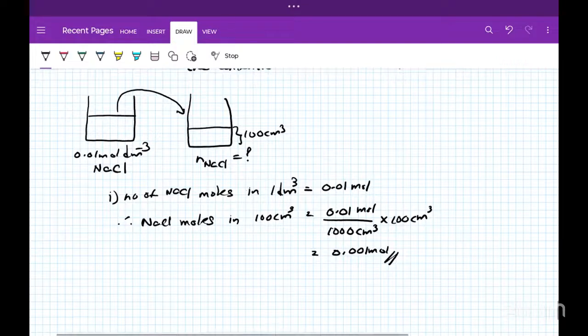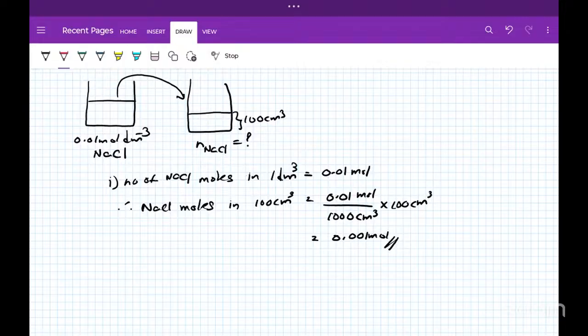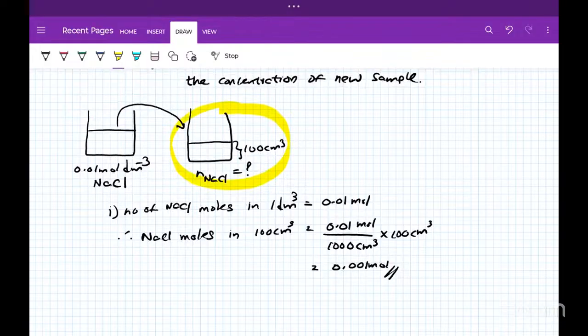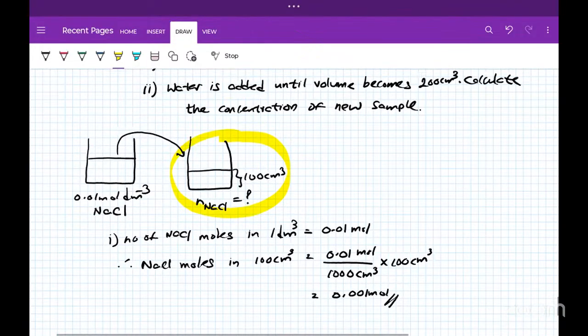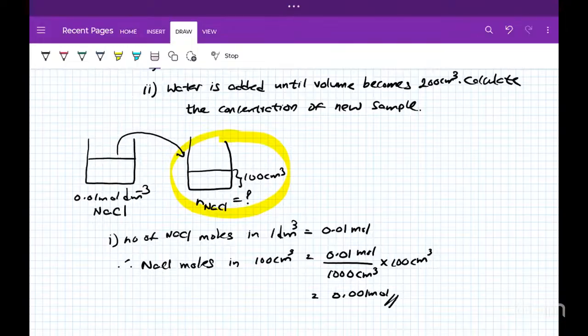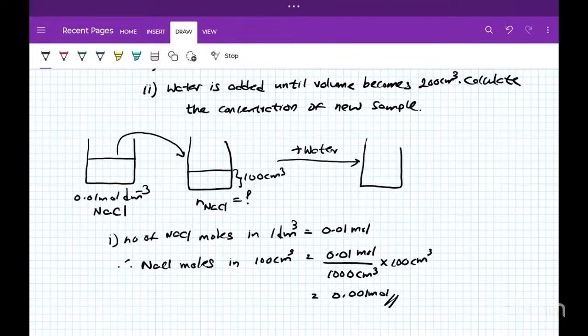Now we have this capital A, this yellow one. Into this one, water is added until the volume becomes 200 cubic centimeters.